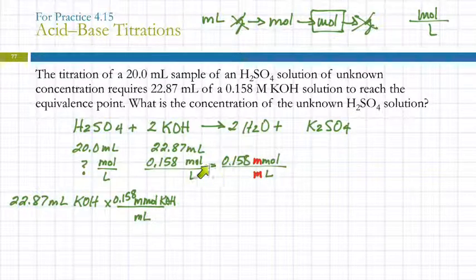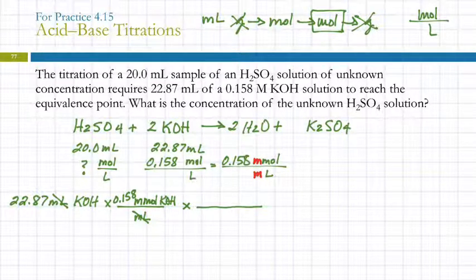So these two are exactly the same. By sticking those in there, then I don't have to mess around with converting back and forth between milliliters and liters, which a lot of people do incorrectly. Sometimes you still have to do it, other times you don't. Okay, so I went to millimoles of KOH.